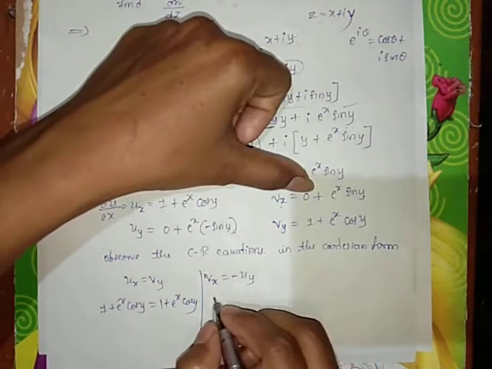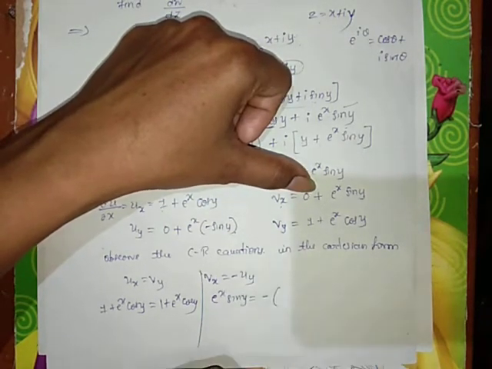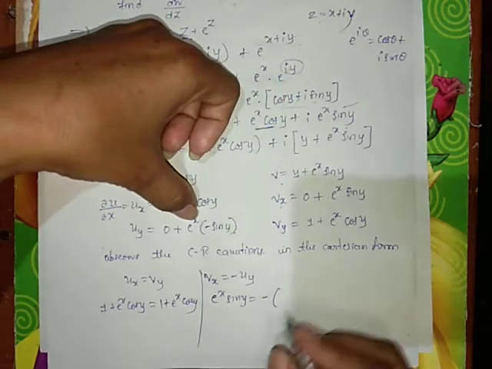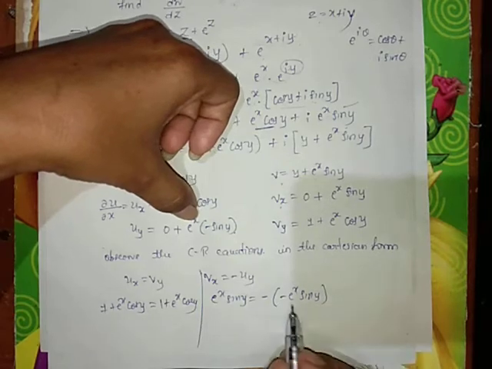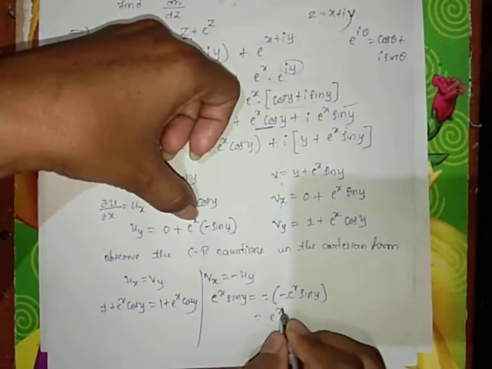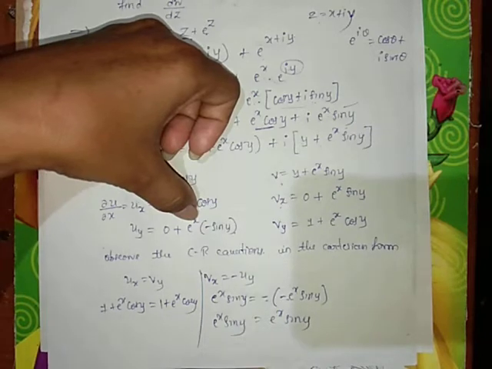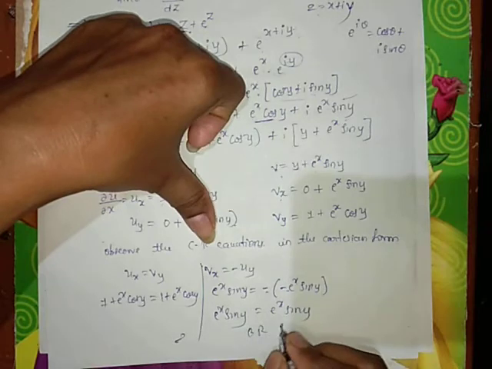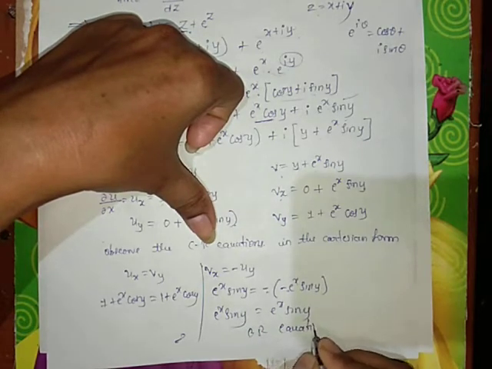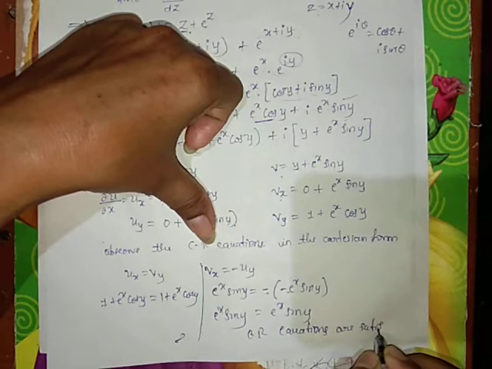Now vx equal to e raised to x sin y, minus into bracket uy equal to minus e raised to x sin y, minus of minus plus e raised to x sin y. So satisfied. CR equations are satisfied.